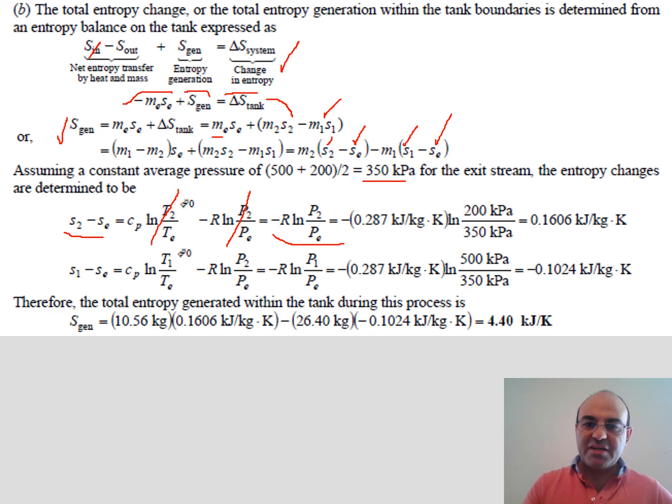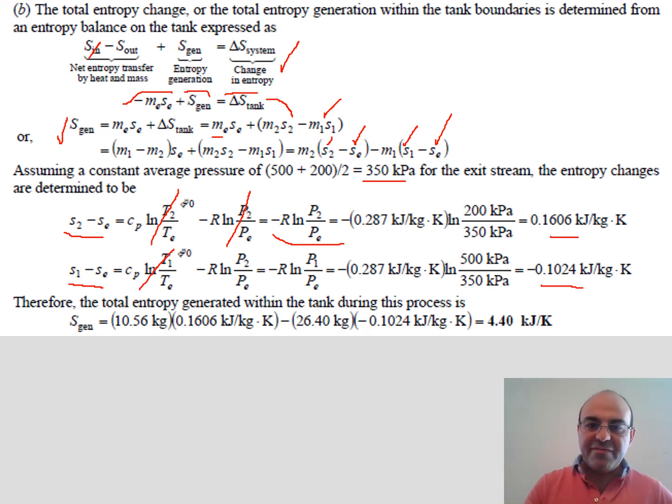Okay, so if we plug in the numbers, we find S2 minus Se, and similarly for S1 minus Se, the same process: temperature term 0, the ratio of the pressures, and we find the entropy change between these two states, 1 and e and 2 and e.